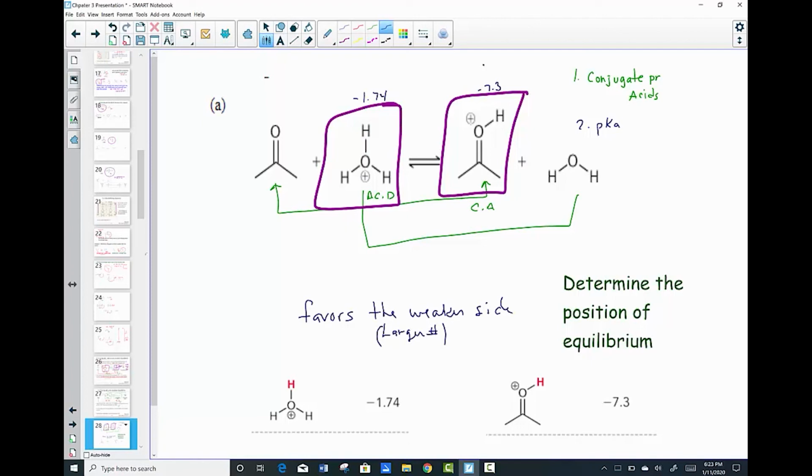So you can see the dynamic equilibrium is favoring the left side of the equation. This is the weaker side. This must be the stronger acid side. We favor the weaker side in the position of the equilibrium.